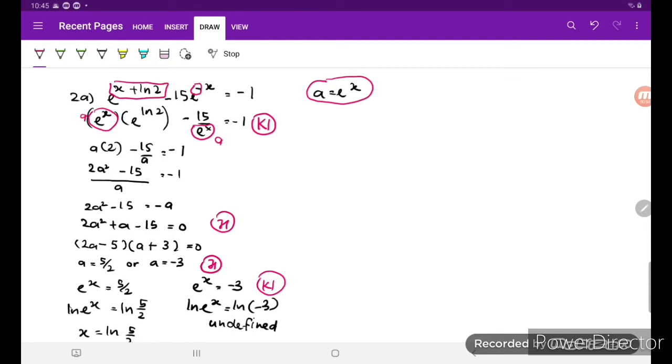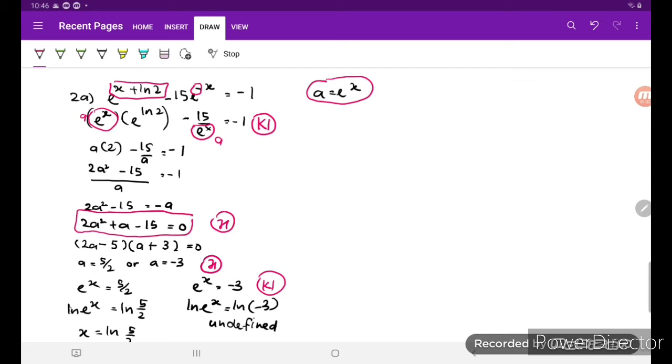So you split the exponent and put it down, the second one, we will get K1. And then you simplify. Next mark you will get when you get the quadratic.